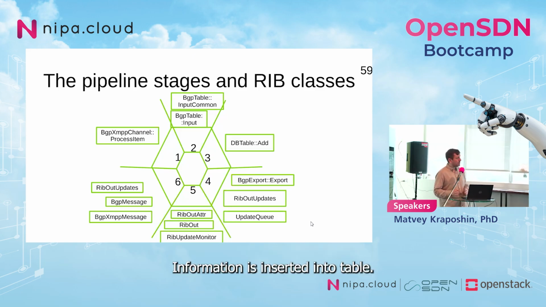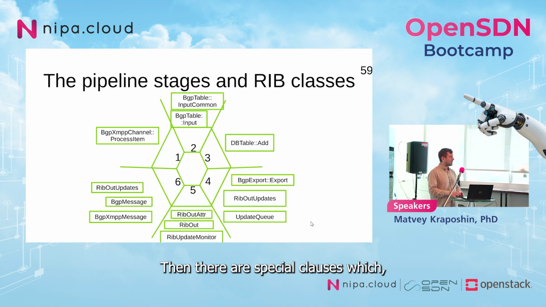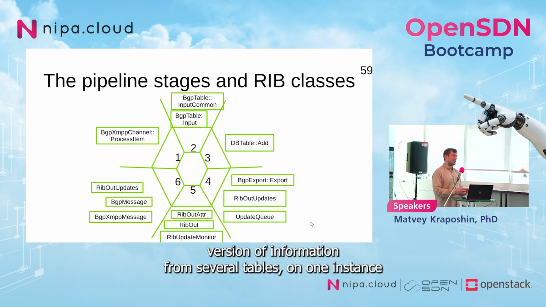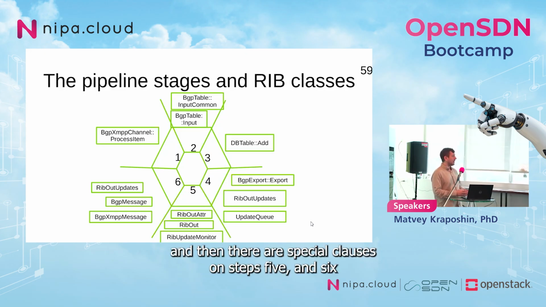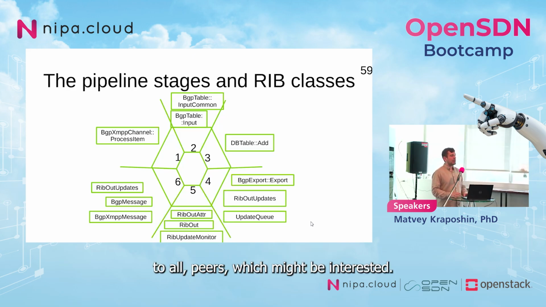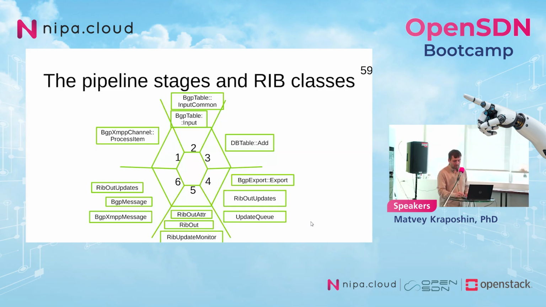Information is inserted into the table. Then there are special classes which create an aggregated version of information from several tables on one instance. And then there are special classes in steps 5 and 6, which are responsible for sending this information to all peers which might be interested in this information.